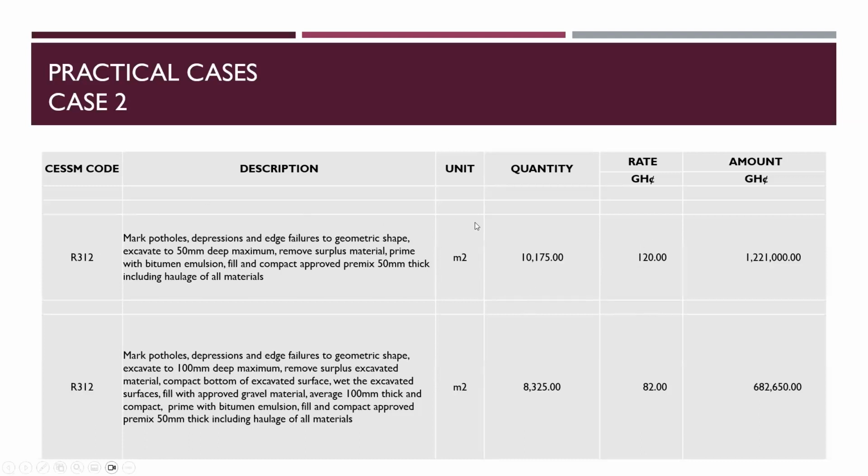Then we put all the weighting, all the activities on the first item. And when we have exhausted the quantity that we have put in, then we go ahead to issue a variation order to remove the second item and increase the quantity for the first item.